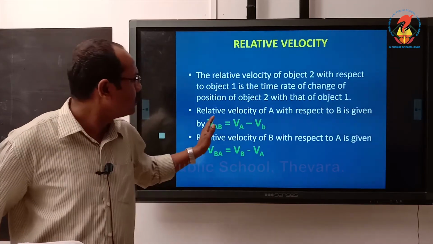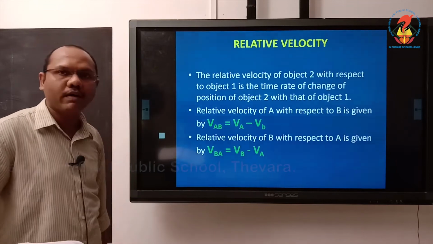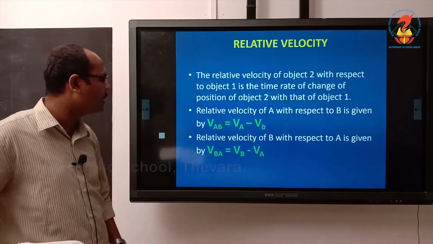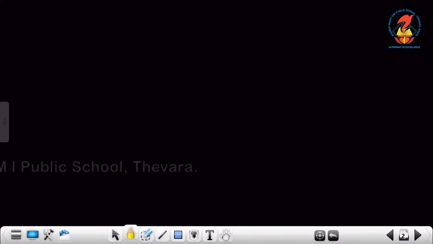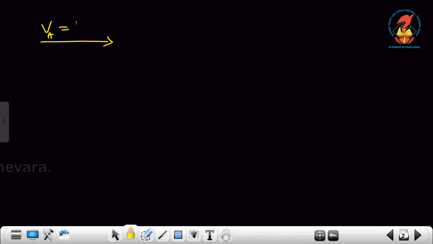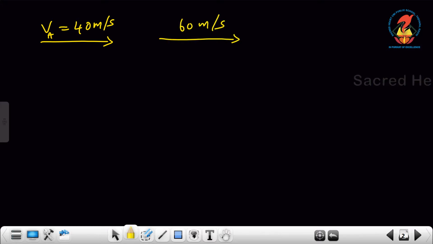Let us see an example for relative velocity, then you will get clarity. Suppose there are two cars. The first car is moving with a speed of 40 meter per second and the second car is moving with a speed of 60 meter per second.